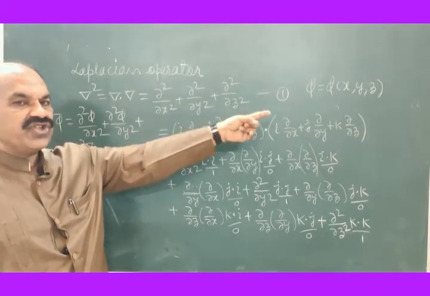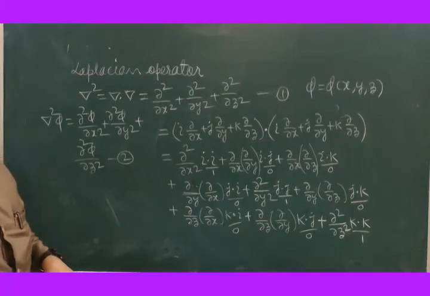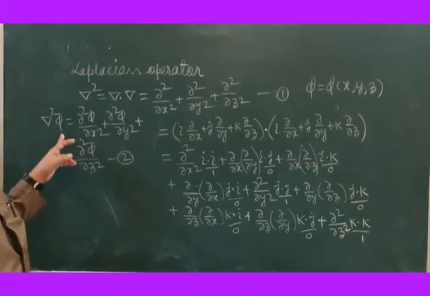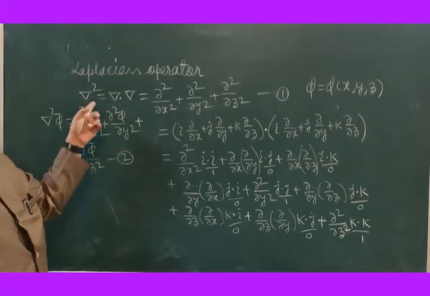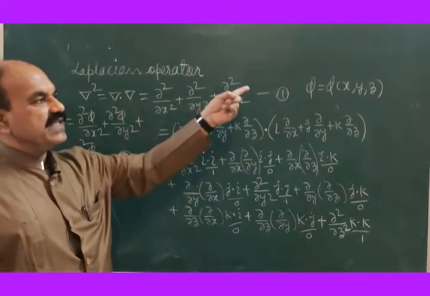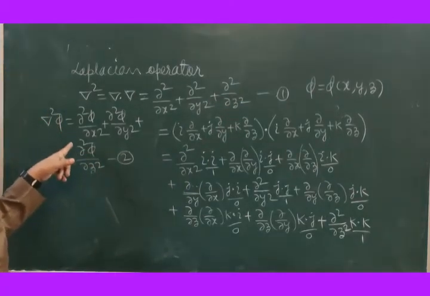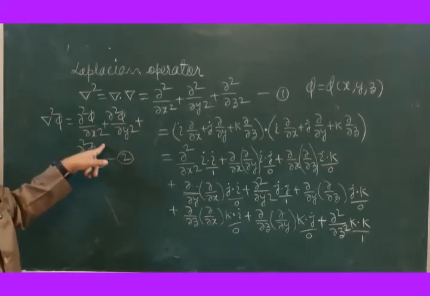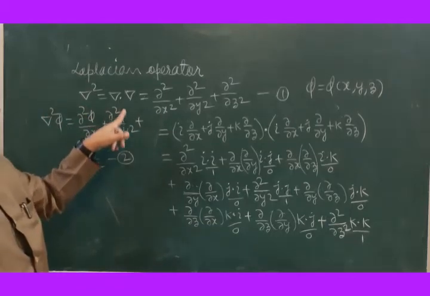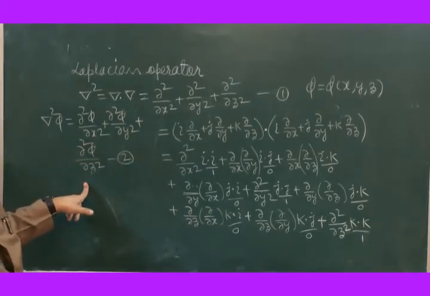Scalar point function phi is equal to phi of x, y, z. When Laplacian operator del square is operated on this scalar point function, what you got is del square phi is equal to dou 2 phi by dou x square plus dou 2 phi by dou y square plus dou 2 phi by dou z square.